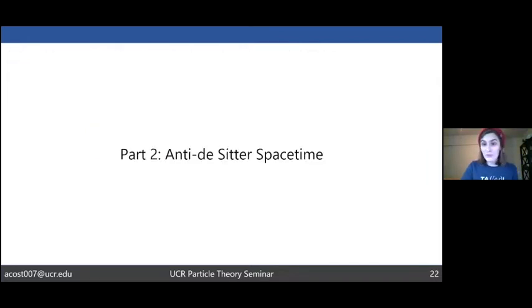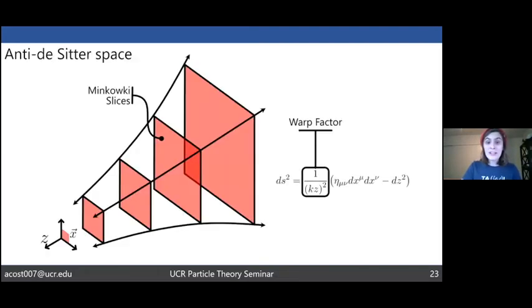So part 2, anti-de Sitter spacetime. I mentioned AdS previously. Here it is in a bit more detail. The main difference with flat space is this warp factor in front.